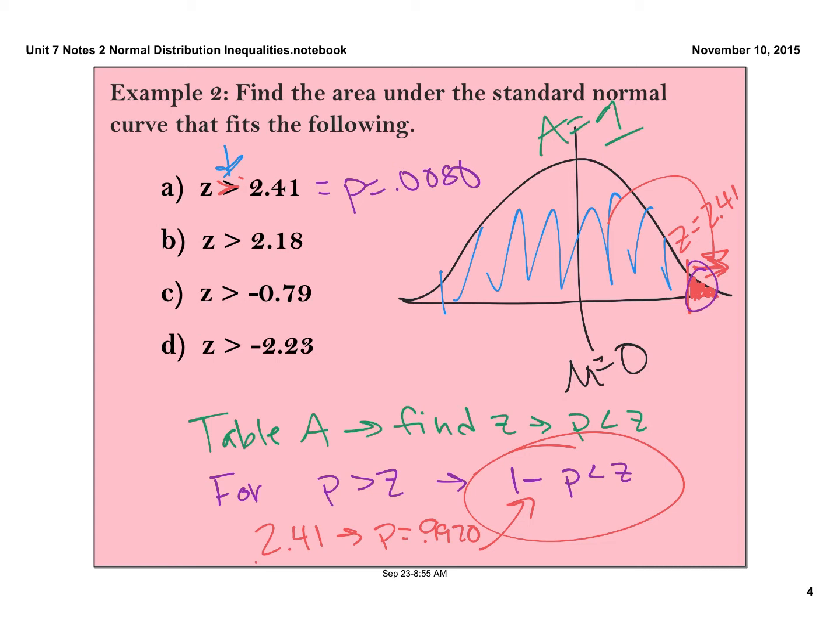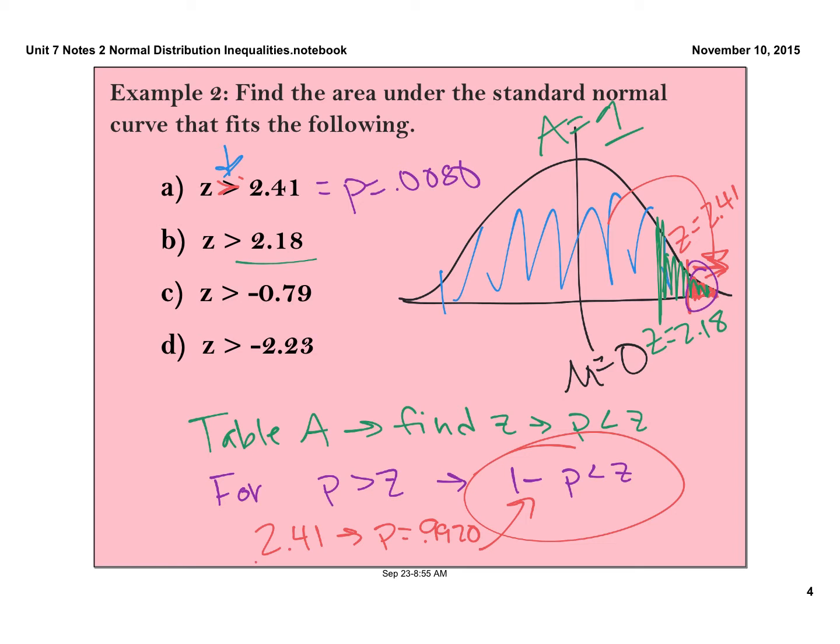Okay, let's try the next one. So now I'm looking at z equaling 2.18. So 2.18 is going to be right about here-ish. And I want this piece up above. So go into your table and find what's below the 2.18. Look up 2.18, see what's measured to the left.